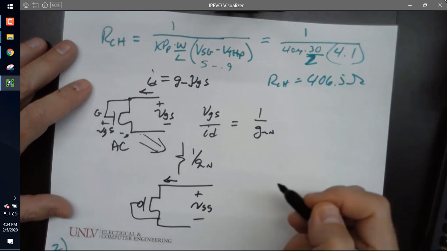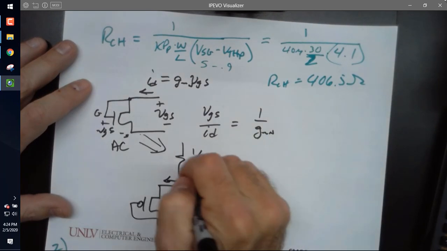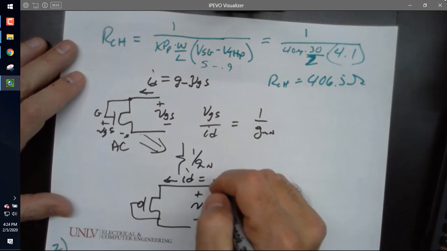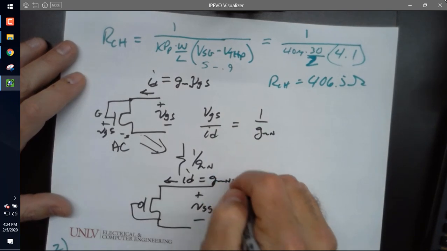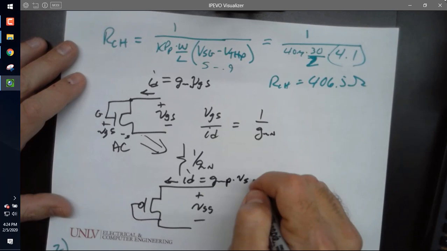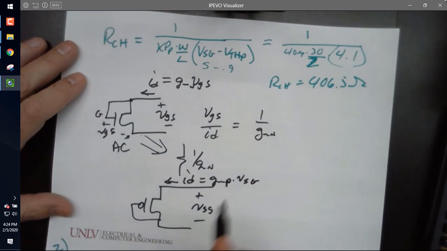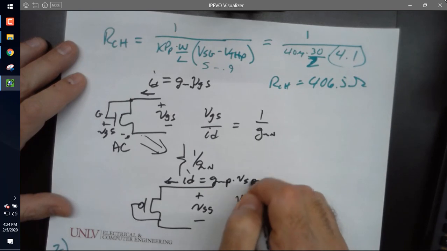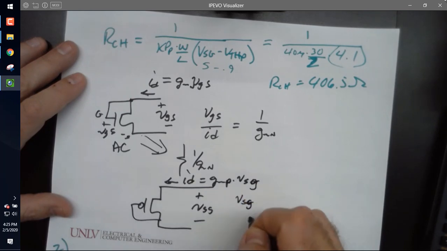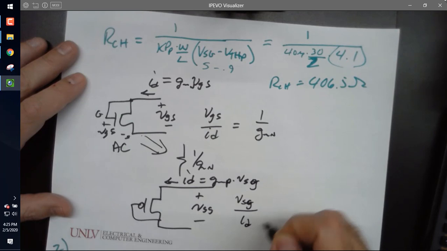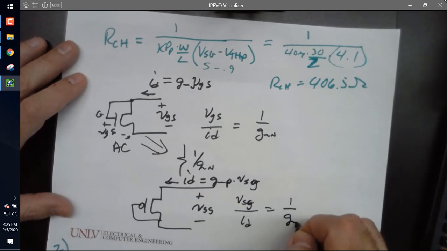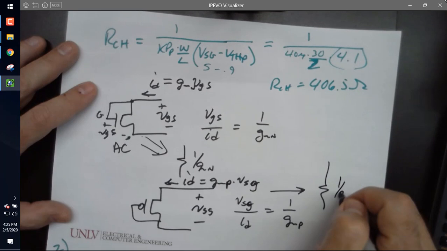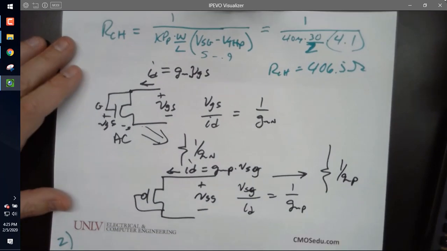What is the current that flows? ID. That's equal to what? GMP times VSG. And so this resistance, which is VSG all over ID, equals 1 over GMP. So this is a resistor of 1 over GMP.